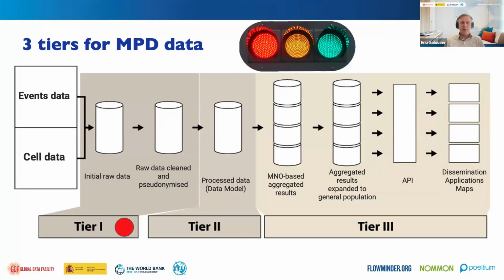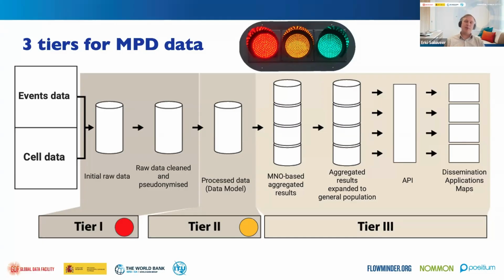So the tier 1, the red one, with high sensitivity is, as said, where personally identifiable information is available. This data usually resides only on the mobile network operator side, and very strong access controls, encryption, etc., have to be applied for that kind of data.